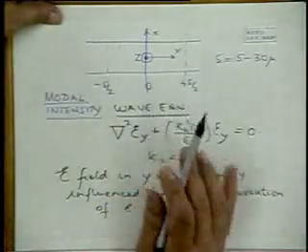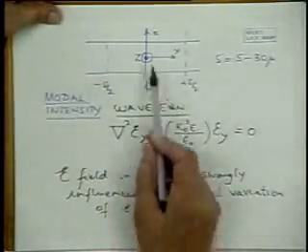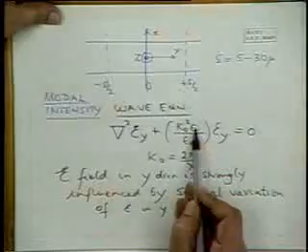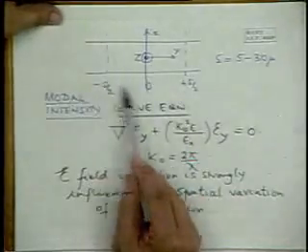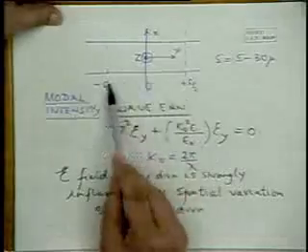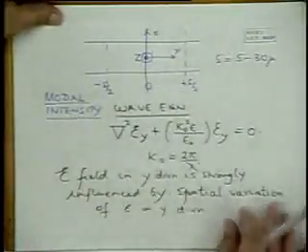Remember, a passive medium has a particular dielectric constant, okay? But this is not a passive medium where you're getting injection of electrons and holes. So obviously the dielectric constant is changing, and if the electric field is varying, the injection current is varying, the electron hole concentration is varying, and then the dielectric constant will also vary.